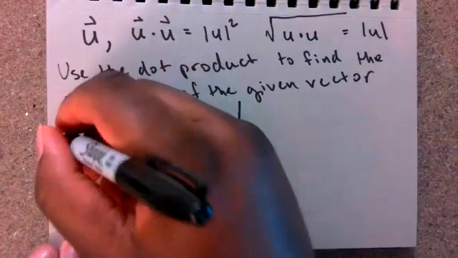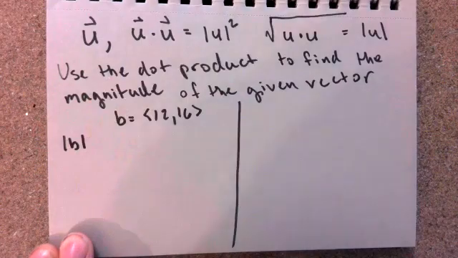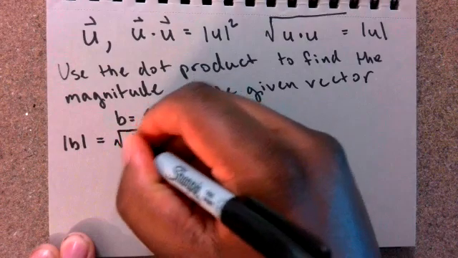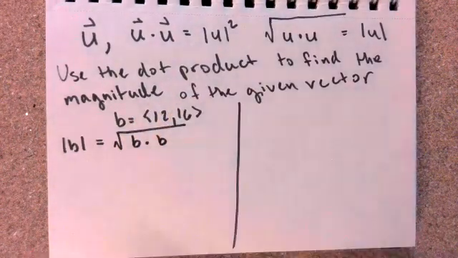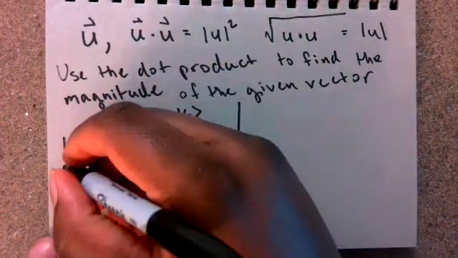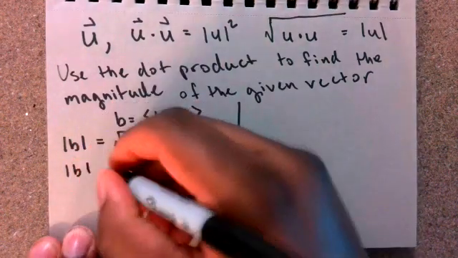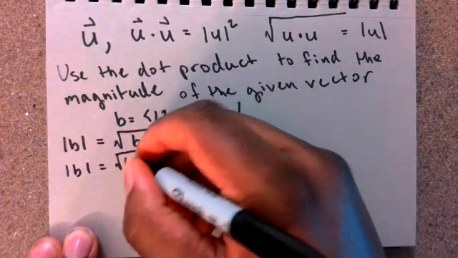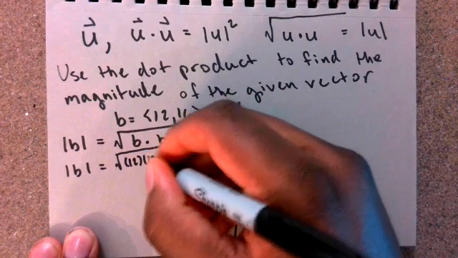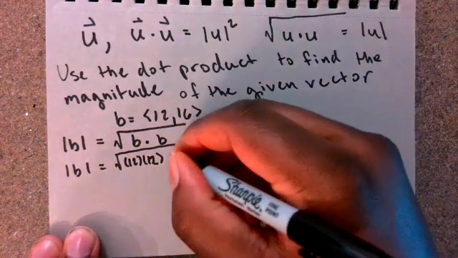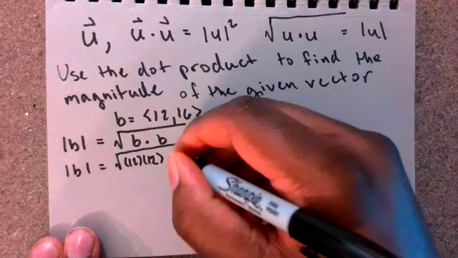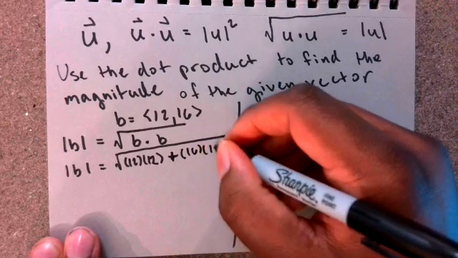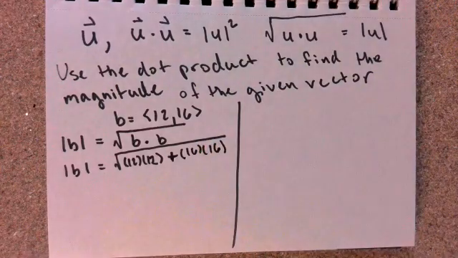The magnitude of b would be just the square root of b dotted with itself, which means the magnitude of b equals the square root of 12 times 12 plus 16 times 16.